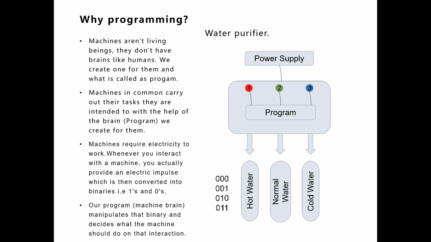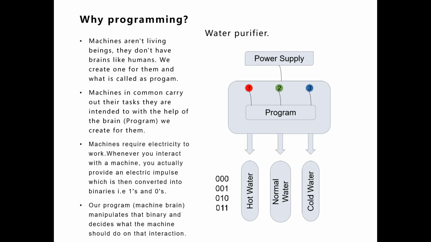Now it is transmitted equally to these switches which you can see, named 1, 2 and 3. On pressing 1, it transmits some amount of that entire voltage further, and on transmitting further, that analog signal is converted into a digital signal.